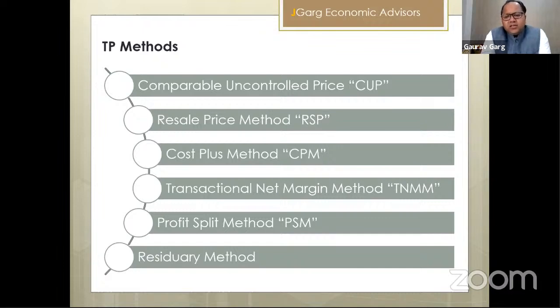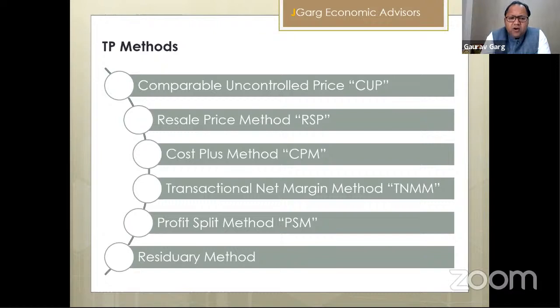Now, this takes me to the third method, which is the cost plus method. I will go back to my earlier example, where India was a manufacturing entity and the company in the Middle East was the entrepreneur unit. In cost plus, we remunerate the manufacturing entity, or the entity which is providing the services, on a cost plus basis.